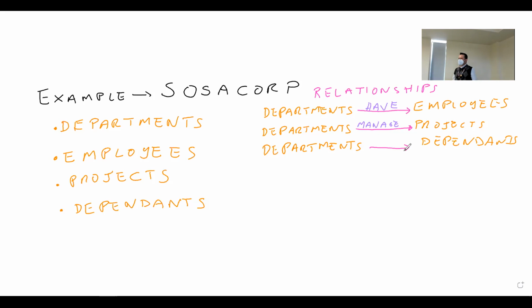Departments and dependents, are they related somehow? They're indirectly related because of the employees, but departments and dependents, can I put a relationship there that makes sense? Departments and dependents doesn't make sense. I don't need this relationship, okay? I'm being systematic and going through all of them, but not all of the pairs are gonna need relationships. So I don't need departments and dependents.